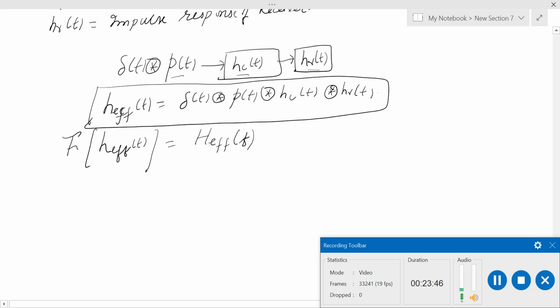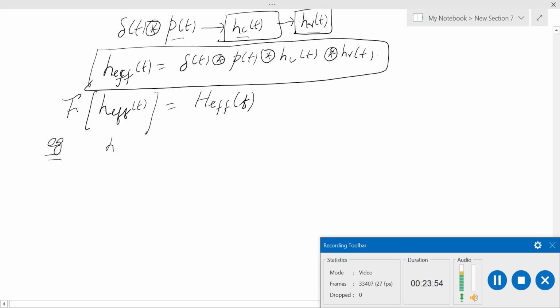Okay, now as an example that will make it a little bit clear, suppose you chose your effective impulse function as sinc of pi t by Ts, that means sine of pi t by Ts divided by pi t by Ts.